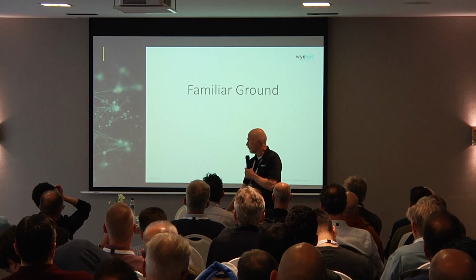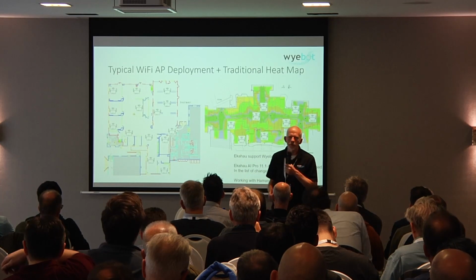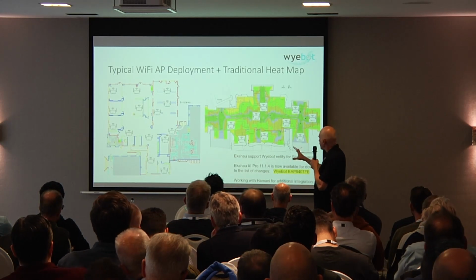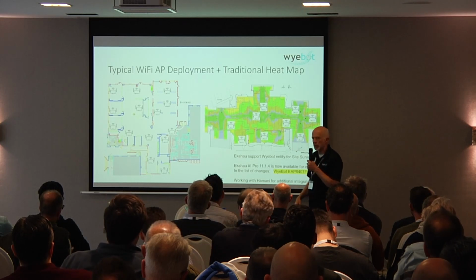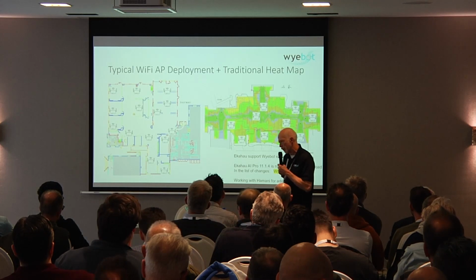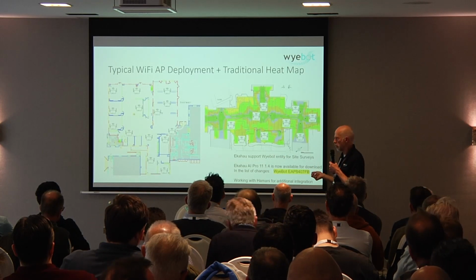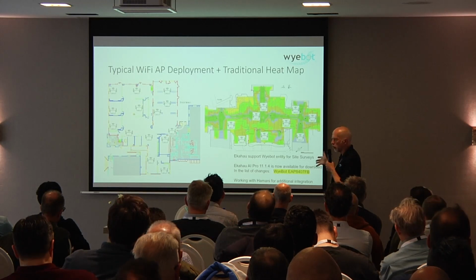So, familiar ground. We're all quite familiar with the tools of the trade, the heat map, the schematic of the heat map. We drop the APs in there, and then we're looking at that kind of output, where it gives us confidence. It's a mature type of tool to do the job.